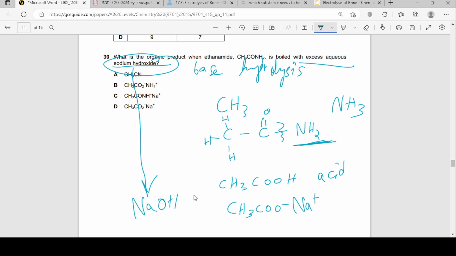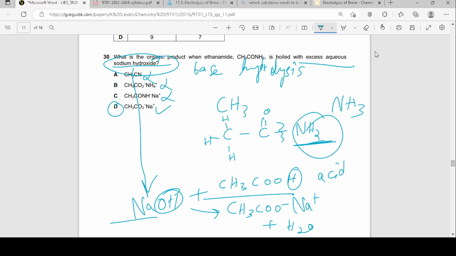Because they're going to react with each other to give you CH3COO minus Na plus and H2O. So you get H here and O from there to give you H2O, and these two give you CH3COO minus Na plus. So the answer should be D, basically. I hope that makes sense. And you also get NH3 obviously from this. I guess that's how hydrolysis of amides works, to my knowledge. That's what I remember. Okay.